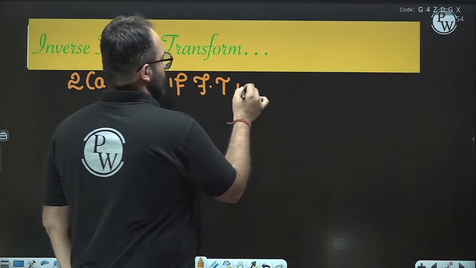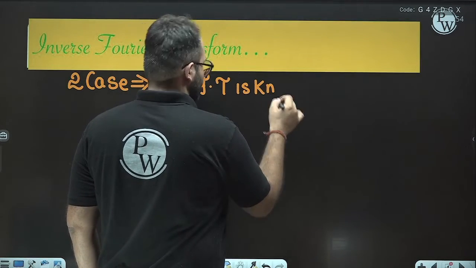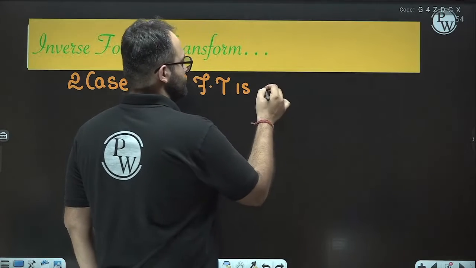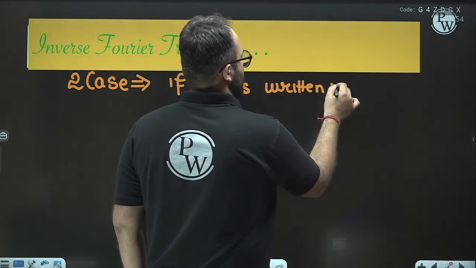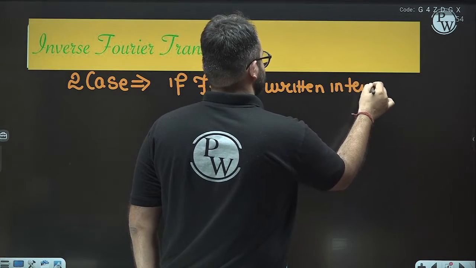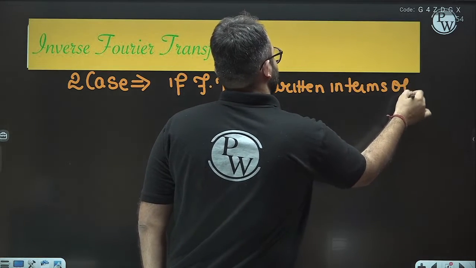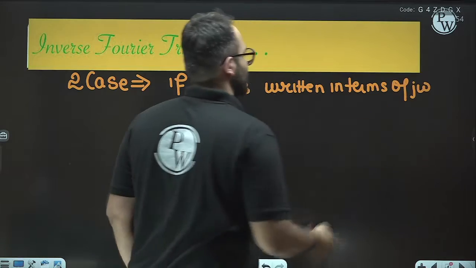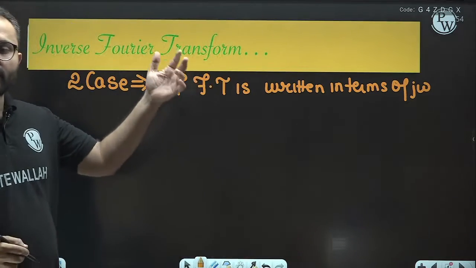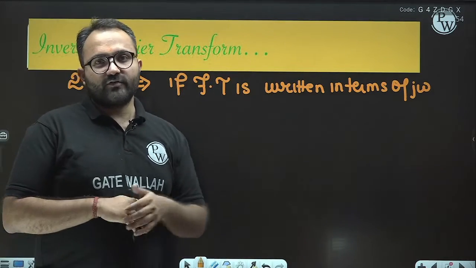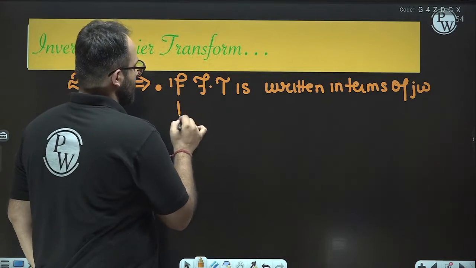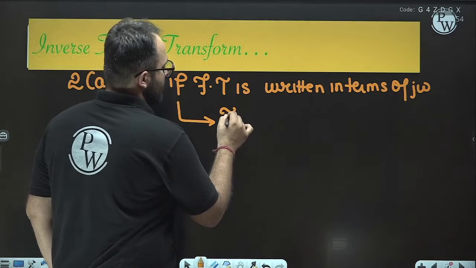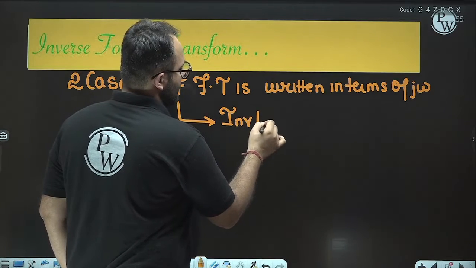If the Fourier transform is written in terms of j omega, or as a polynomial in terms of j omega, then we can apply the inverse Laplace transform.